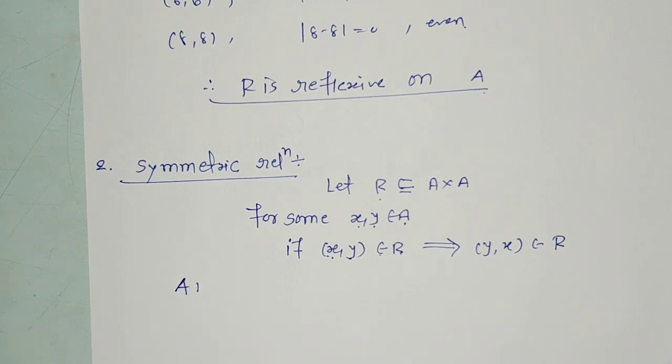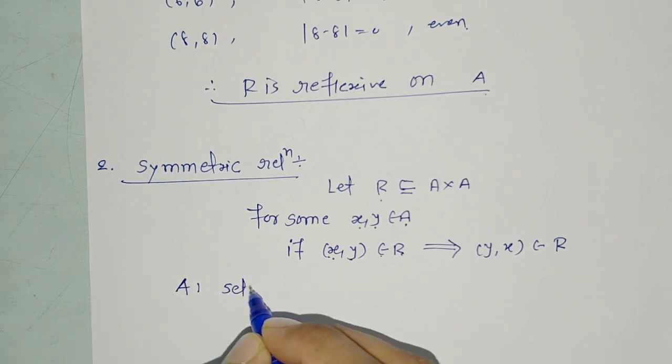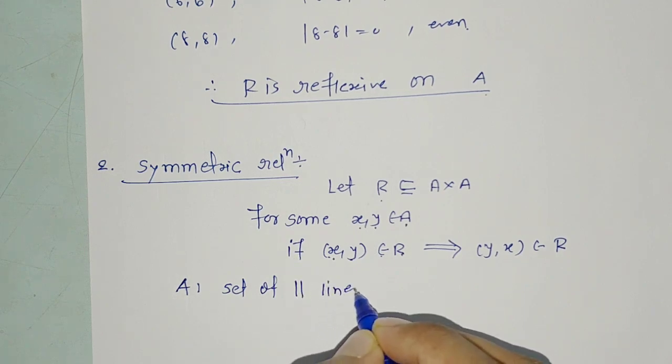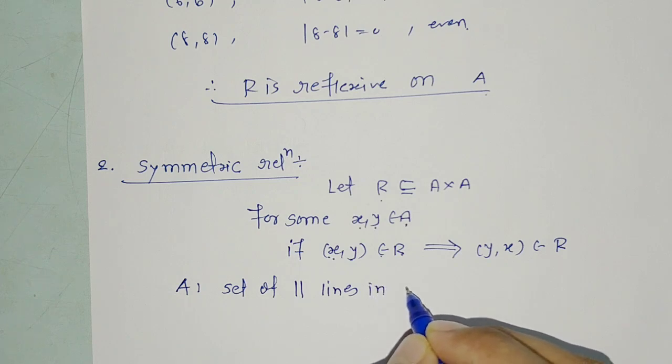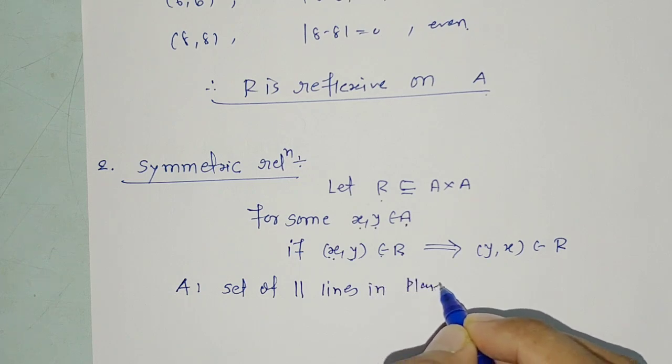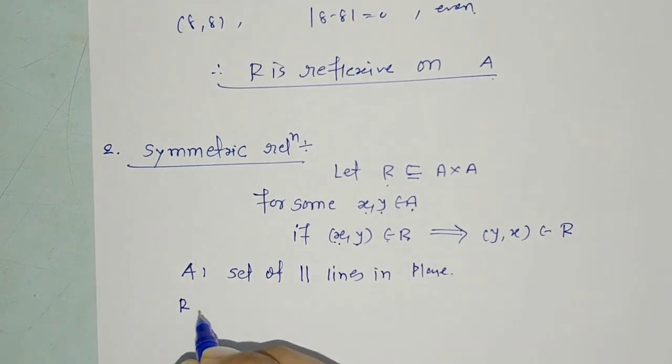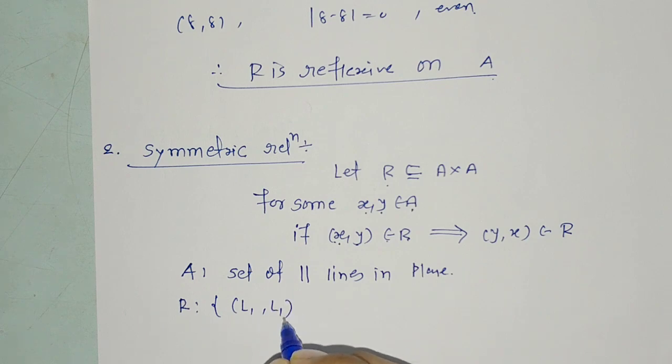Let's define a set A, set of all parallel lines in a plane, and define R as ordered pair (L1, L2) such that L1 is parallel to L2.